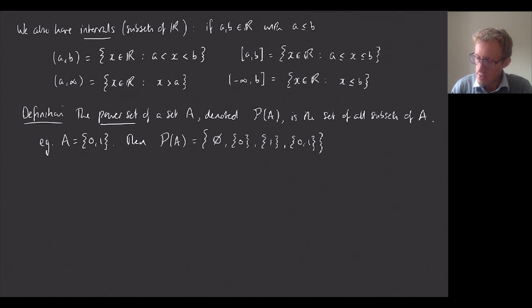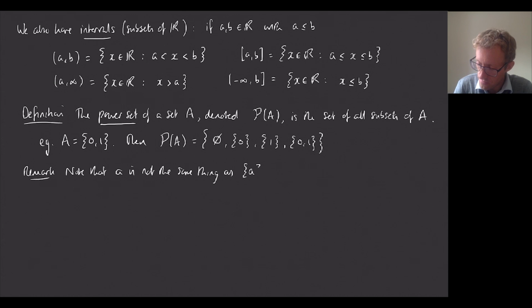I'll also just point out here that this thing here, {0}, is very different from just 0. This is a set containing 1 element, 0, and that's different. So this is something that people often confuse. Note that a is not the same thing as {a}.